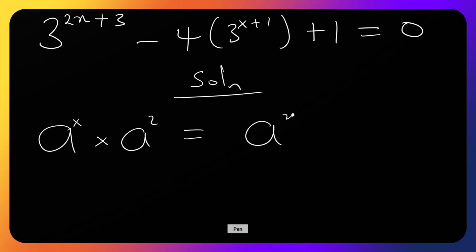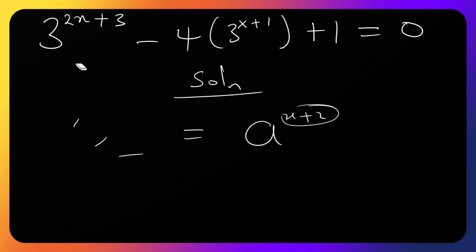Now, this one we are multiplying, and the powers here, remember what we said. If the bases are the same, add the powers. Okay, now look at what is here.